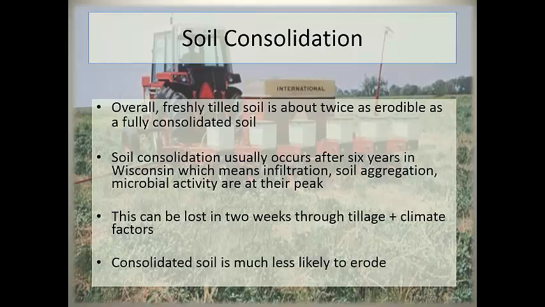Okay, same crop, same yield, and that's because the soil has been consolidated for over 7 years. So even though the rotation would be the same, even 2 years down the road, a field that had been no-till for 7 years will have less erosion than one that was tilled prior to.